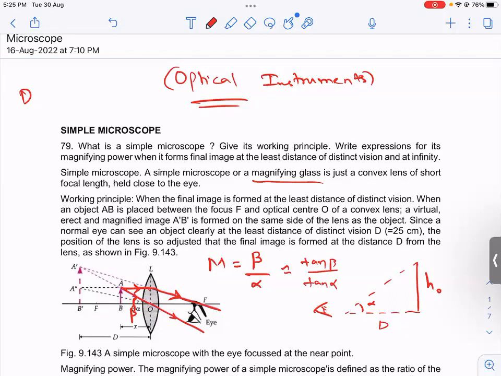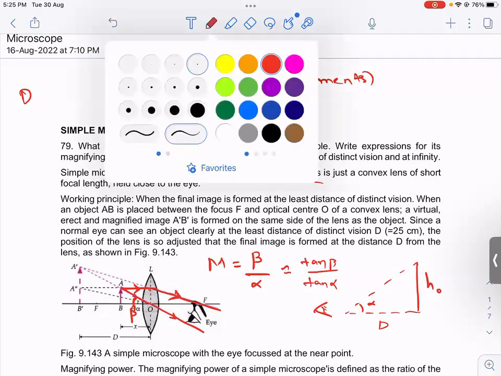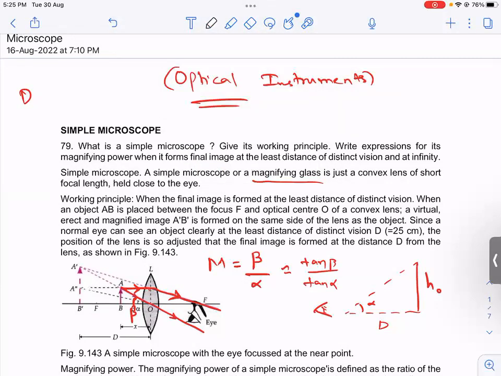Actually, the diagram will be like this only. The object is formed, no doubt in that. But for us to bring alpha and beta into the same context, we project it here so that this height is also the height of the object, so that it forms a rectangle. Are you able to see this?